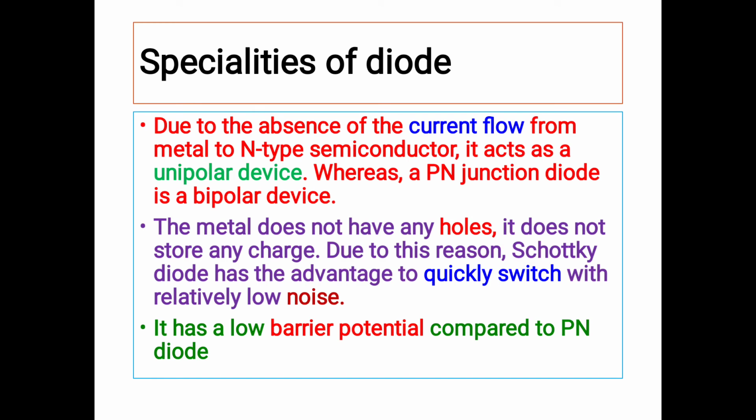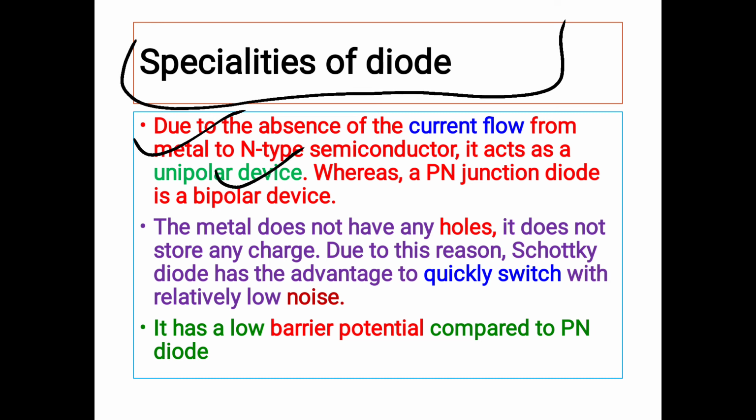Now we are going to study the specialties of this diode. Due to the absence of current flow from the metal to the n-type semiconductor, it acts as a unipolar device. It means current will flow in only one direction, whereas a p-n junction diode is a bipolar device.